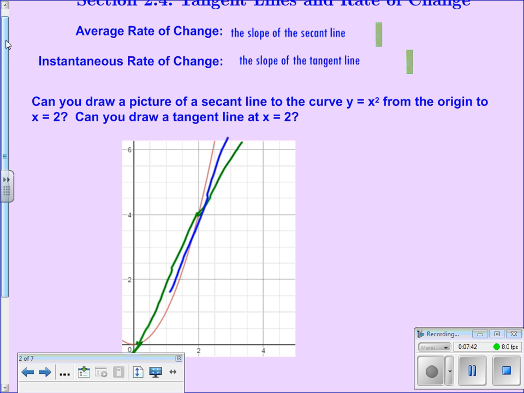So the slope of that tangent line is the slope of the curve at the point of tangency. Because if you zoom in close enough, the slope of the line and the slope of the curve are exactly the same thing. That means the rate of change of the curve is equal to the rate of change of the tangent line at that point. So that parabola actually describes the motion of the falling object.